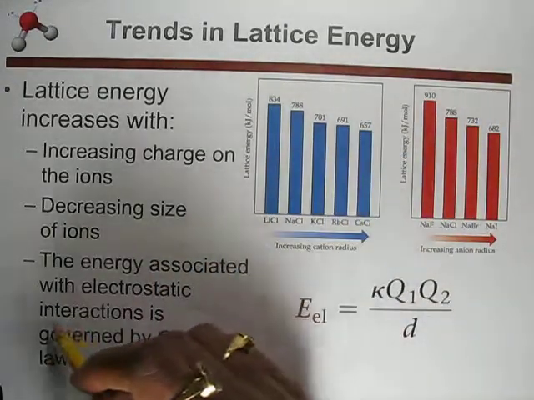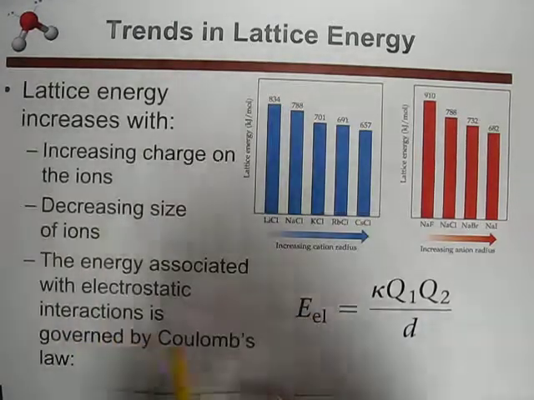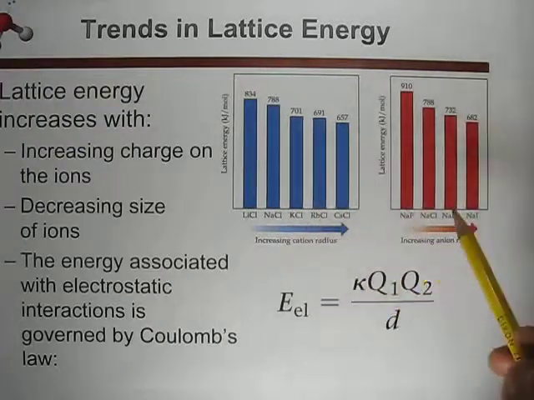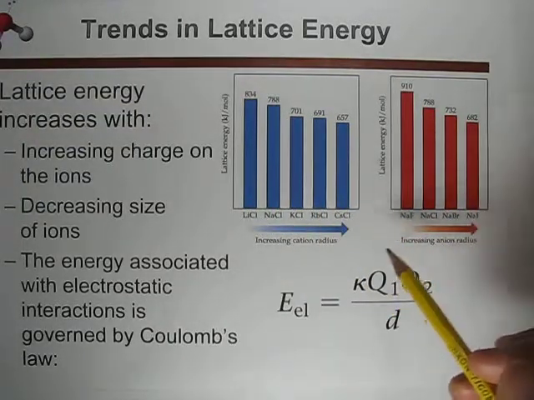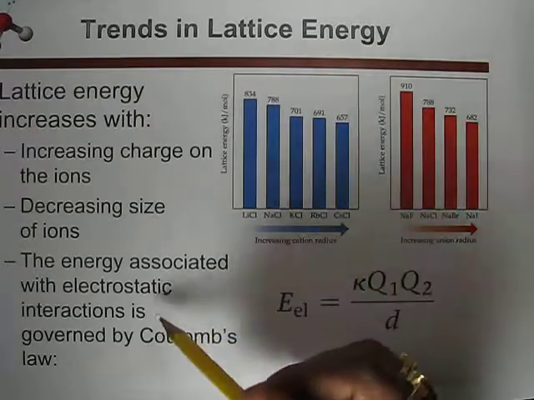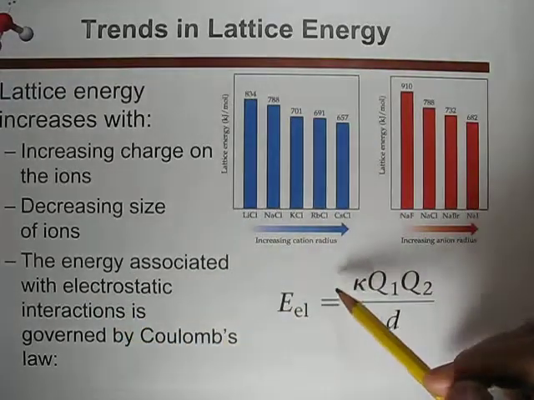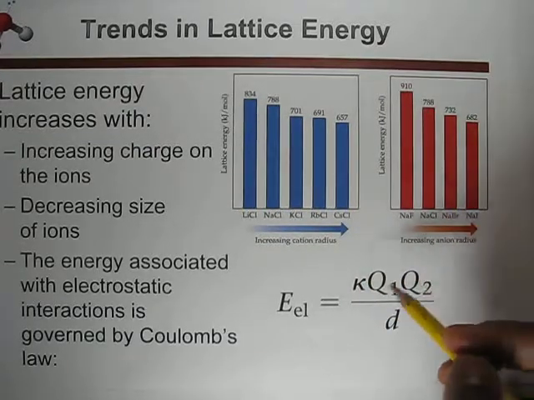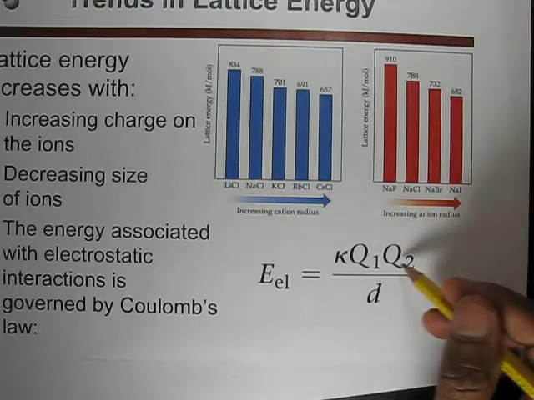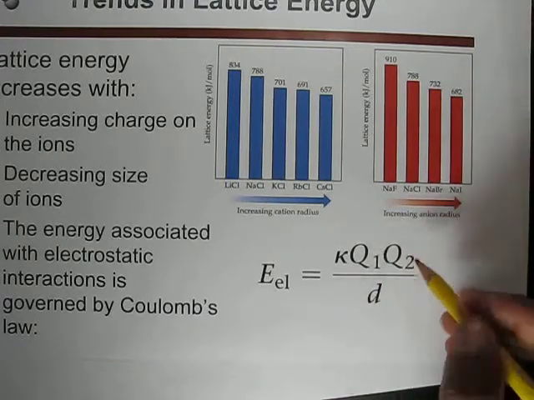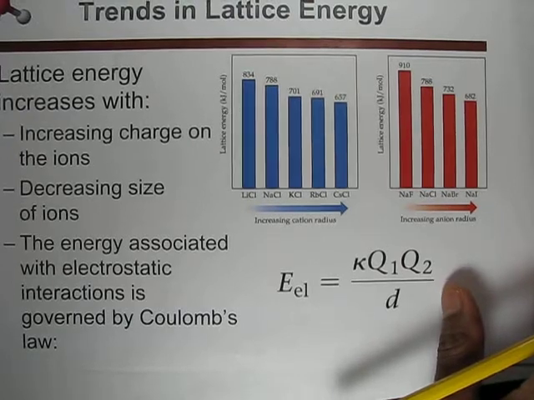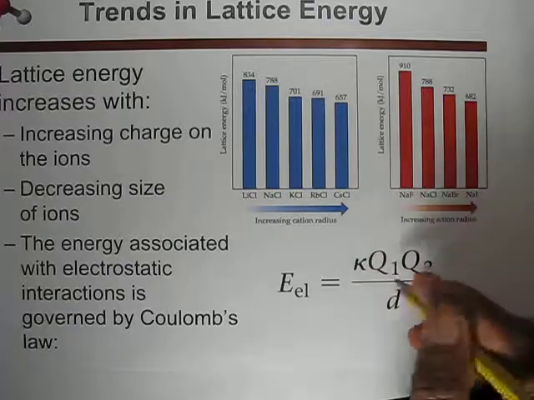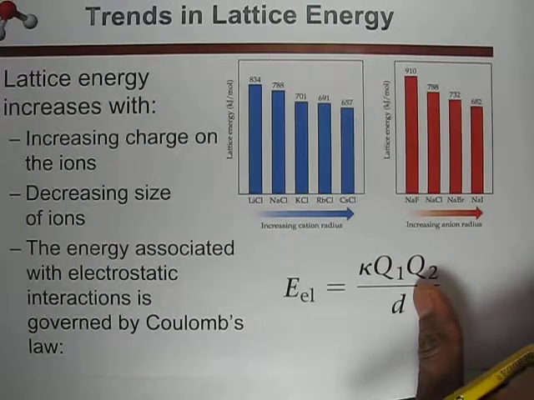It is the energy associated with electrostatic interaction, governed by Coulomb's law. To find the electrostatic interaction between two ions we use Coulomb's law, where Q1 and Q2 are the charges, d is the distance between the two ions, and there is the Coulomb constant.